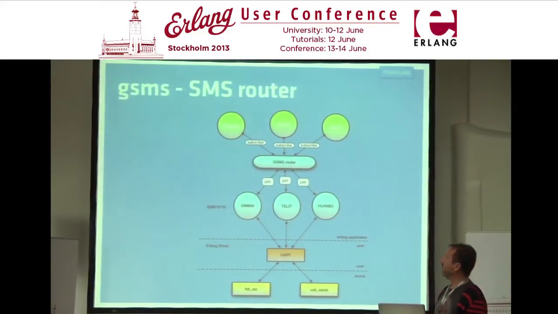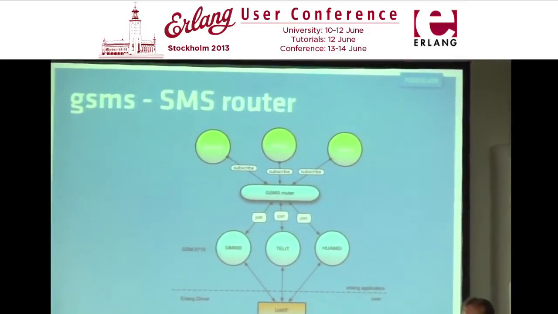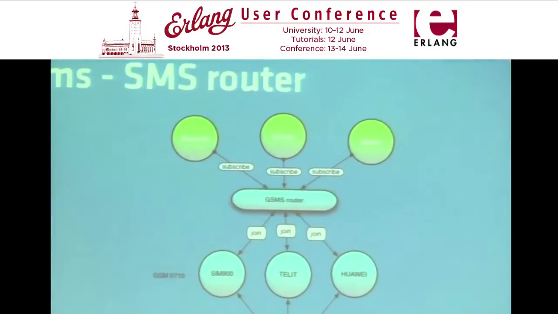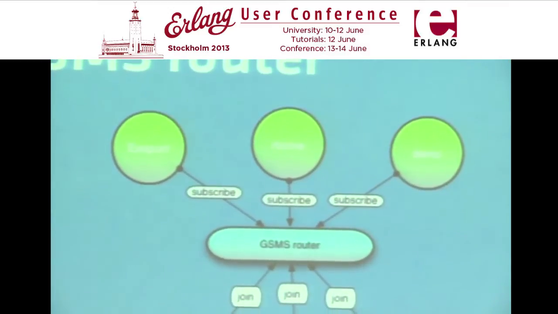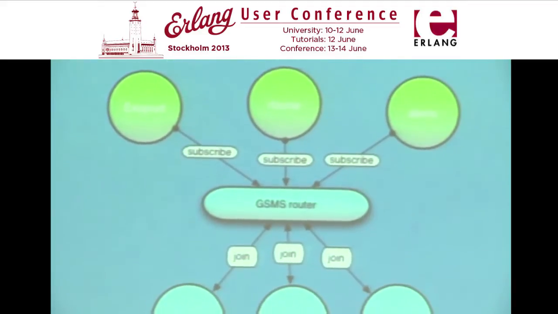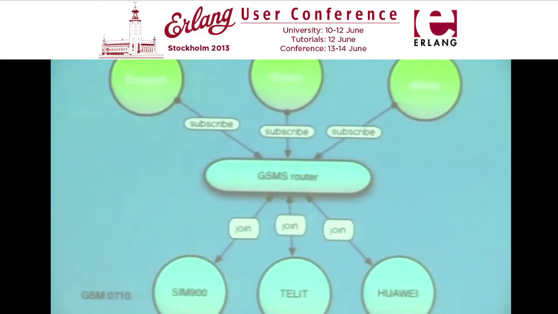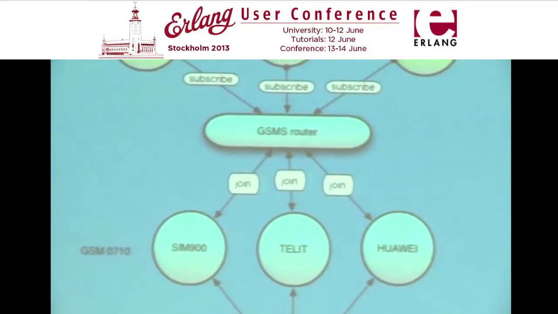So they put in a subscription, a filter, that can filter out some SMS coming along. And the filter condition could be anything from a regular expression match on the body to what kind of alphabet they're using, or what kind of port, if it's an 8-bit application, and so on. And they hook up to the GSM router.